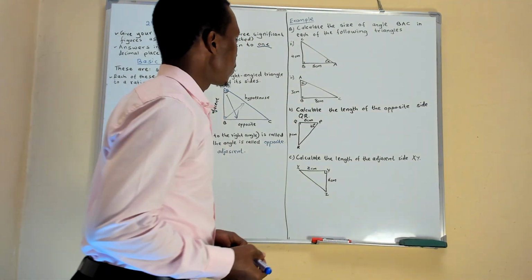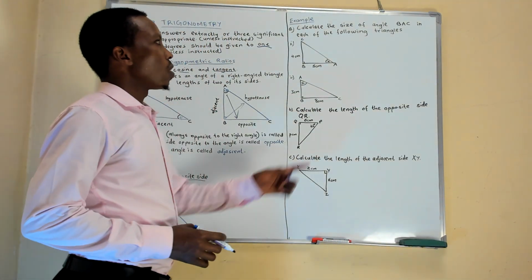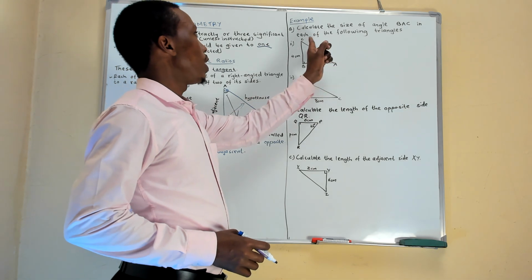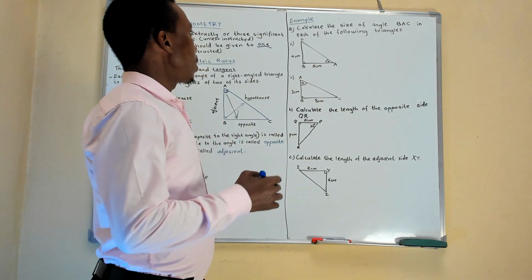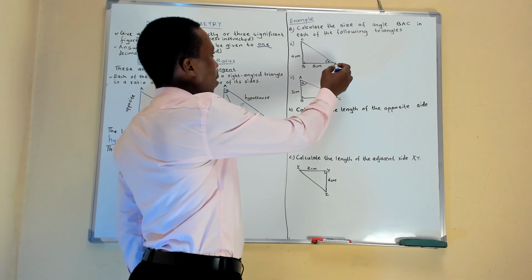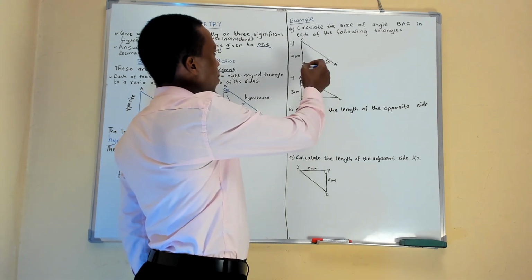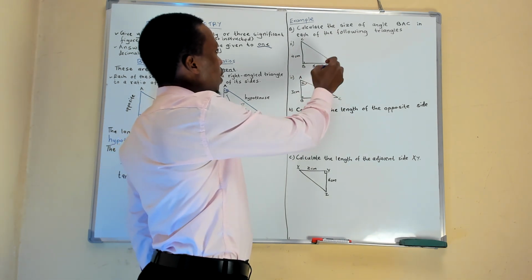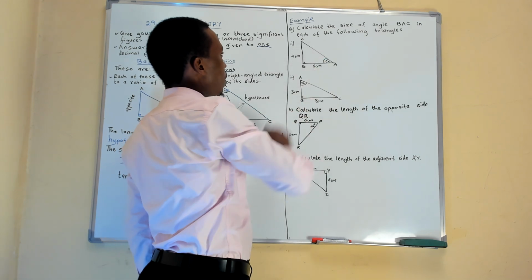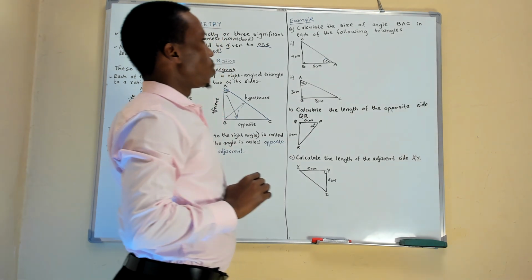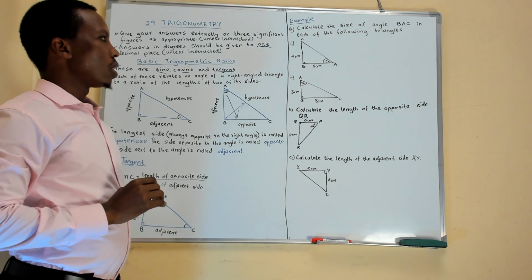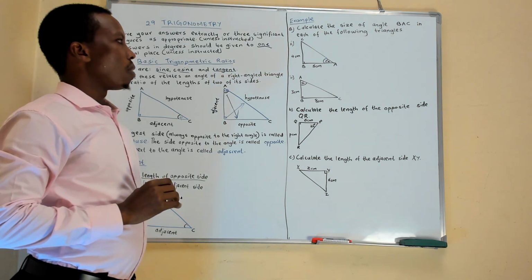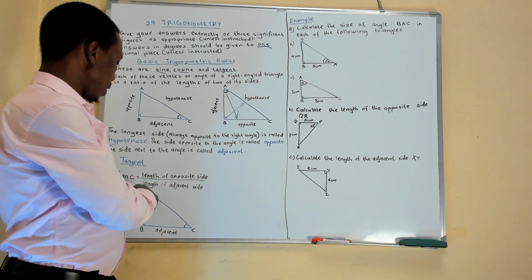Then let's do these examples. Calculate the size of angle BAC in each of the following triangles. We have triangle ABC and we need the size of this angle. So we are required to use tangent to calculate that.